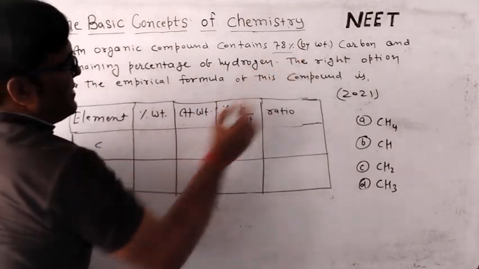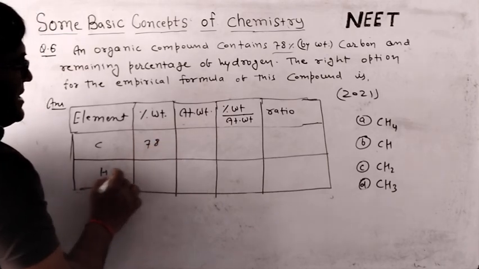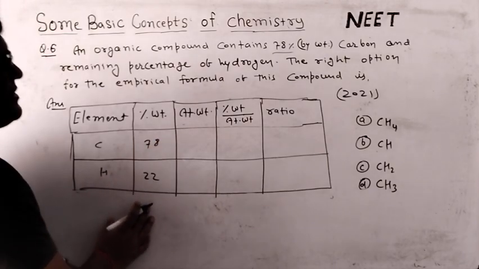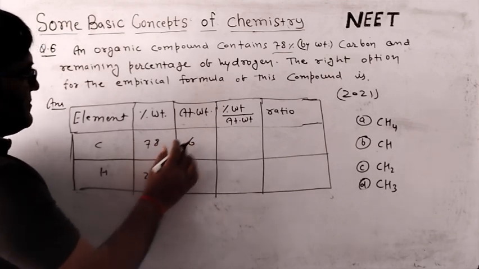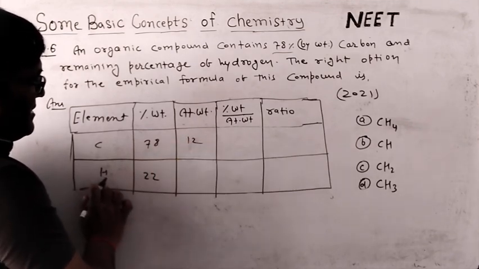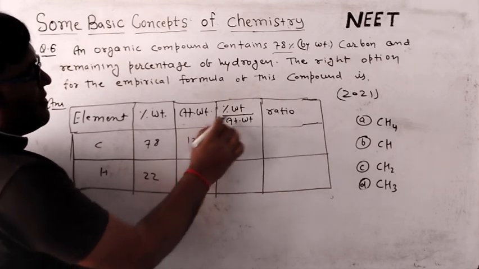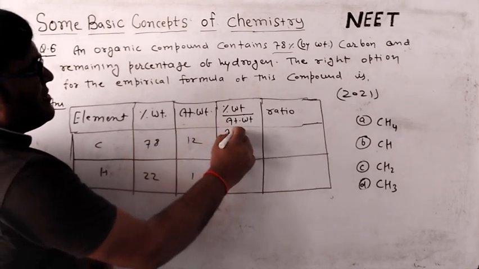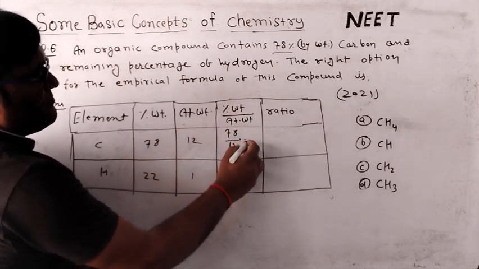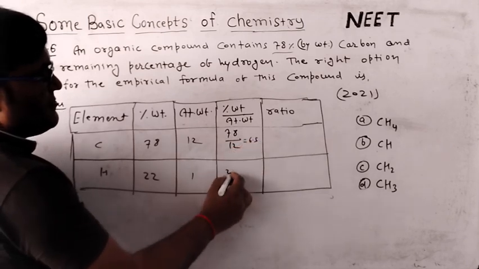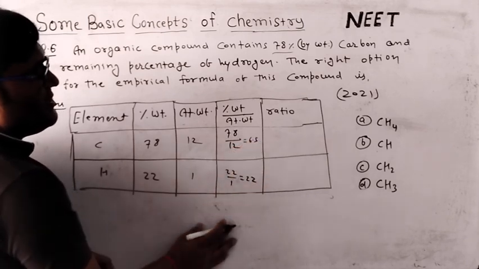Weight of carbon is 78%, and hydrogen is 100 minus 78, so 22%. Atomic weight of carbon is 12, and hydrogen is 1. Now 78 divided by 12 is 6.5 here, and 22 divided by 1 is 22 here.